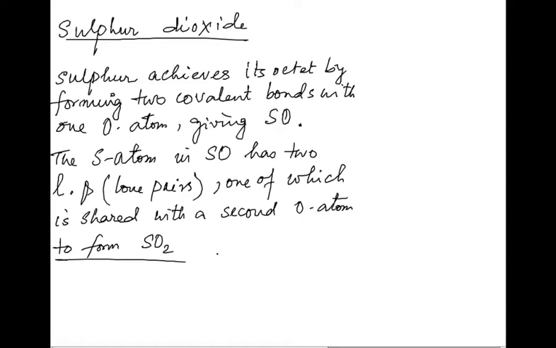So this is the basic theory through which we can explain the formation of the sulfur dioxide molecule. Here we can draw the diagram based on such an understanding.